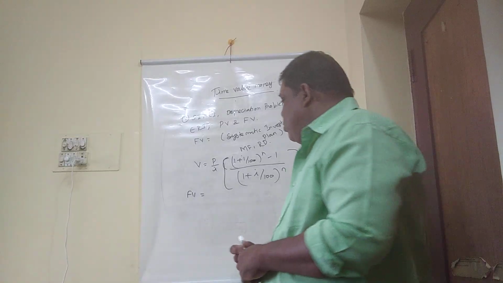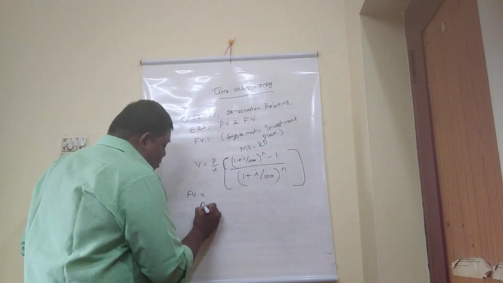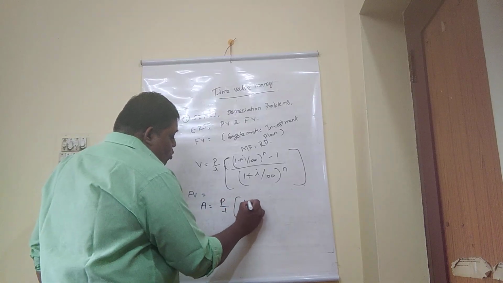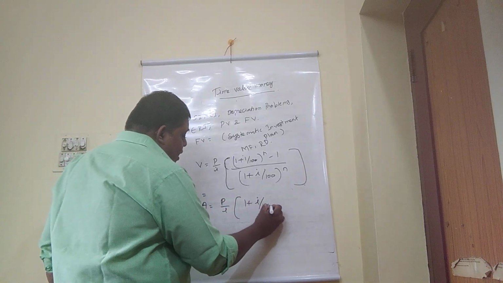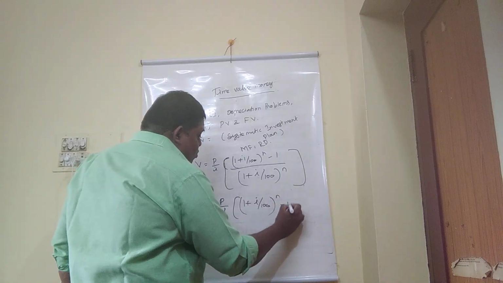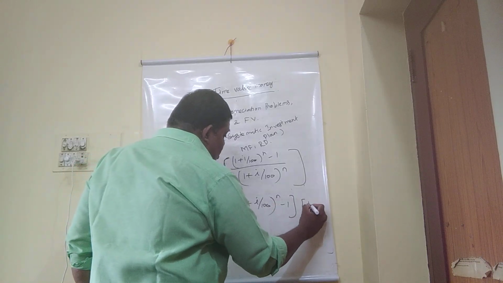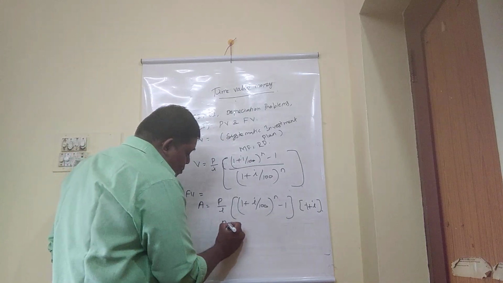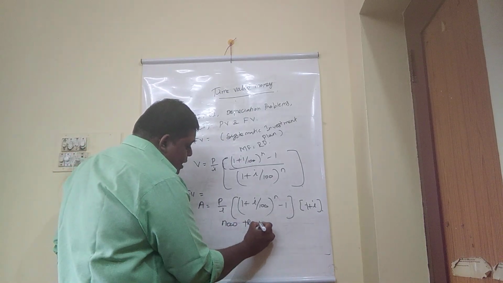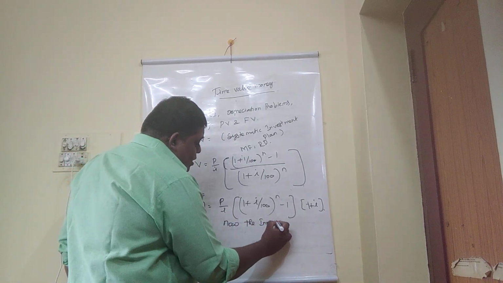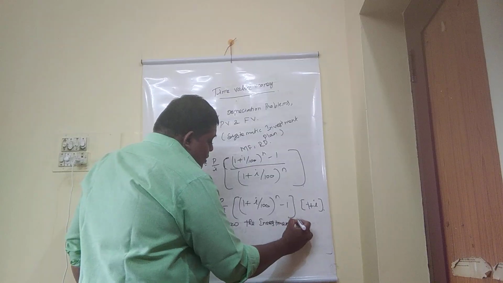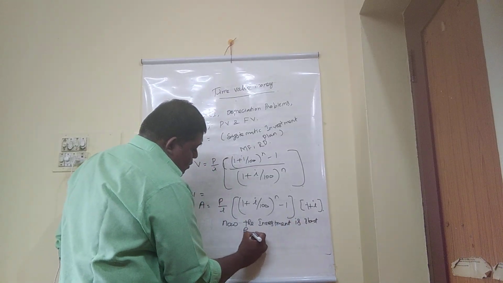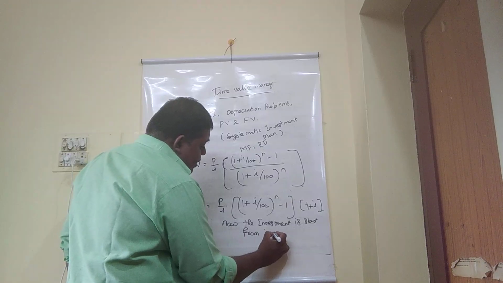So now we use the formula: total amount is equal to P divided by I into (1 plus I divided by 100) whole to the power n minus 1, into (1 plus I). Now the investment starts from immediately.